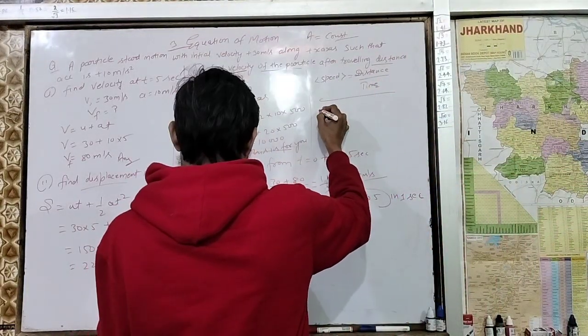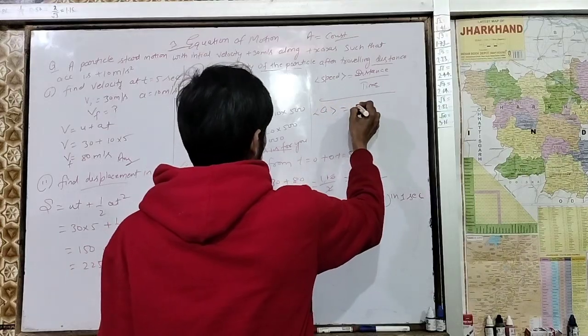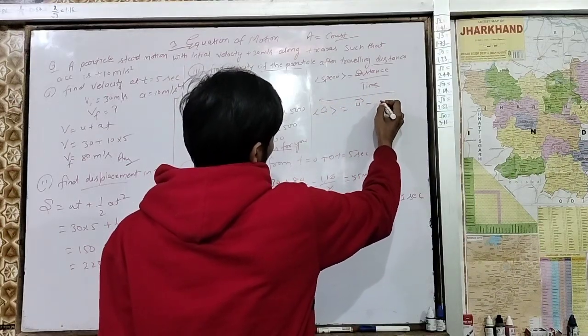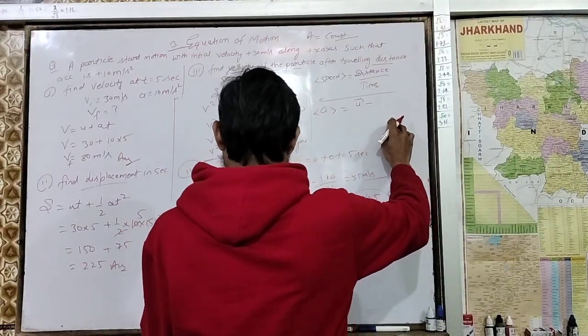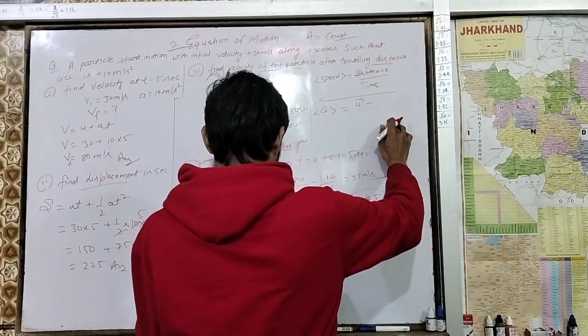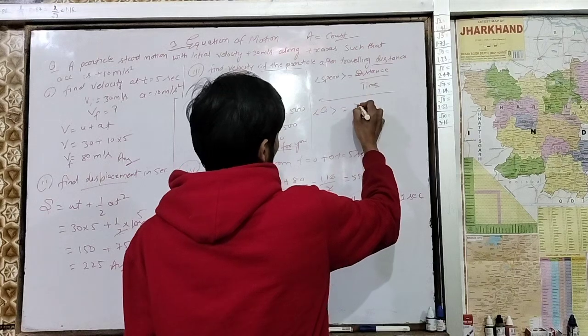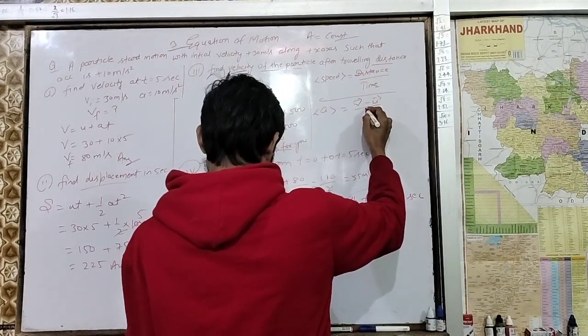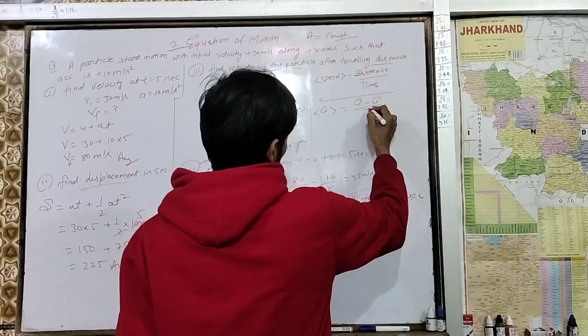Right now let's see average acceleration, which is final velocity minus initial velocity upon t.